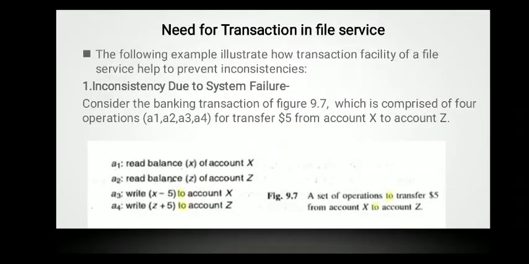Consider the following example of how the transaction facility of a file service helps to prevent inconsistency due to system failure.